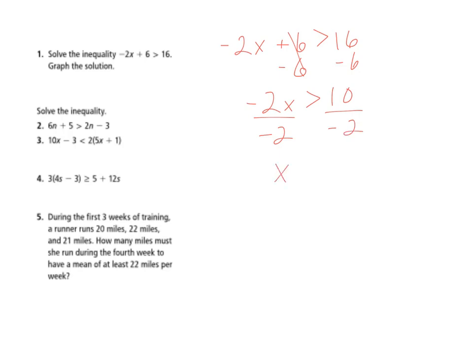I get x. Be careful. We divided by a negative. That means we have to flip the inequality. We should get x is less than negative 5. If you were to graph this, we would have negative 6 to the left and negative 4 to the right. Open circle headed to the left.